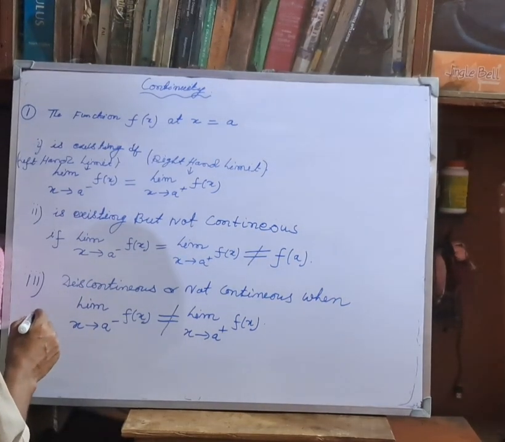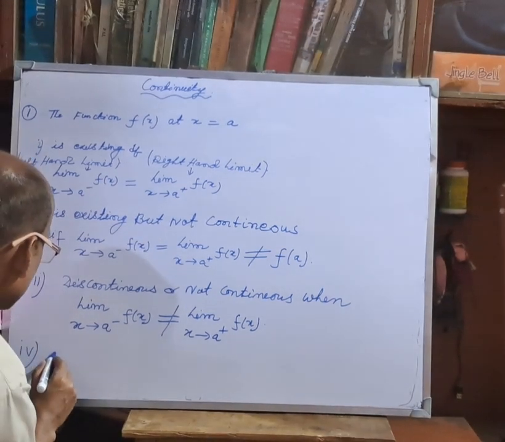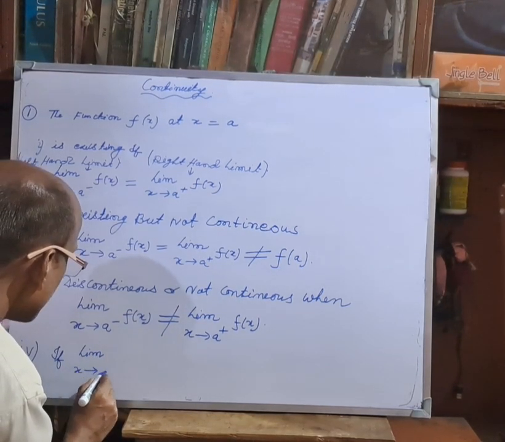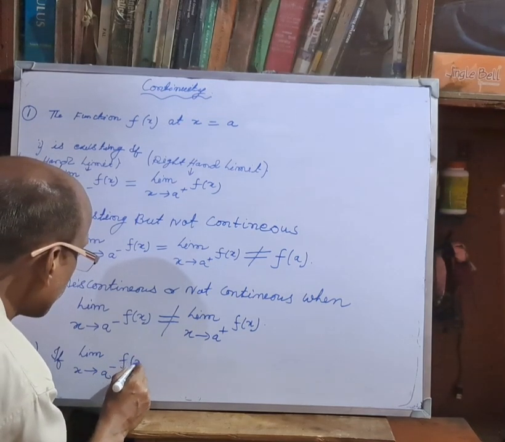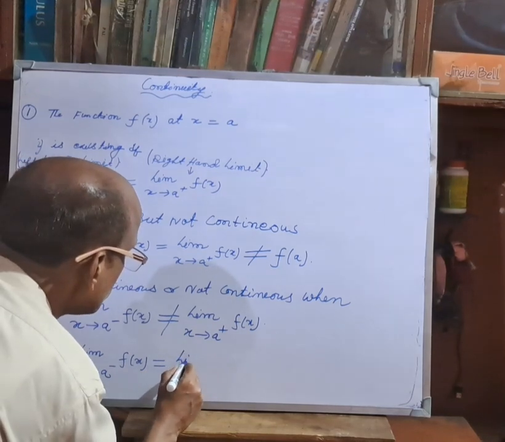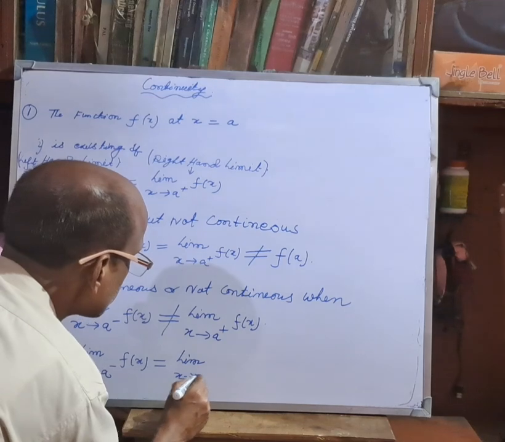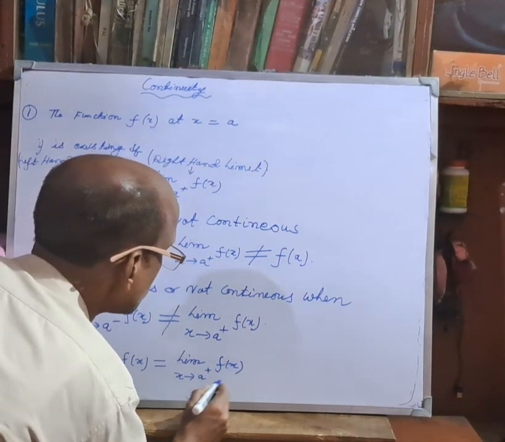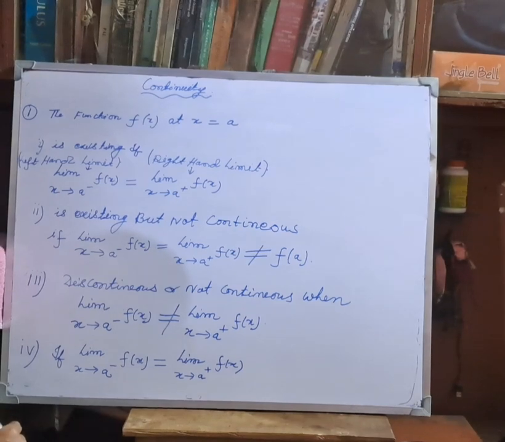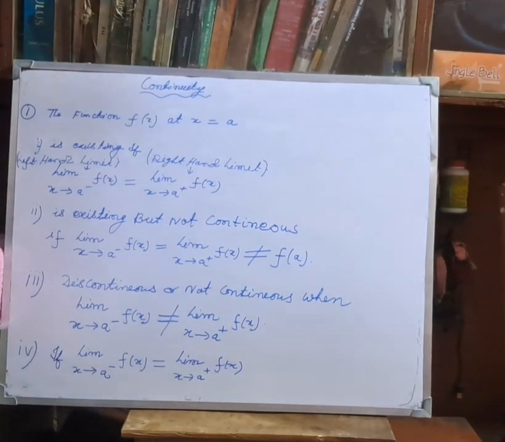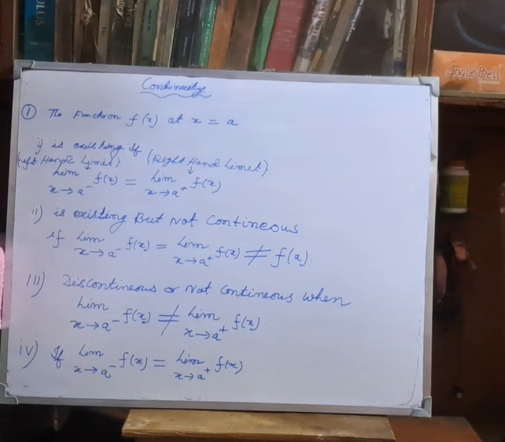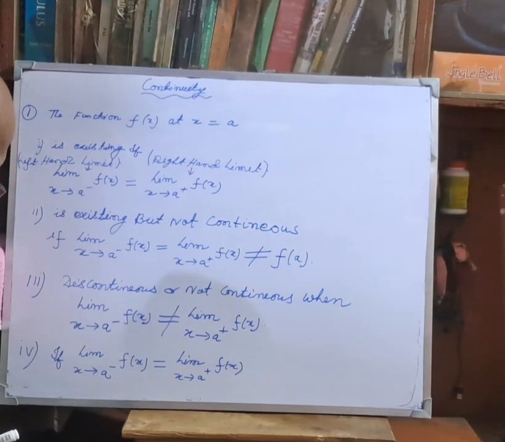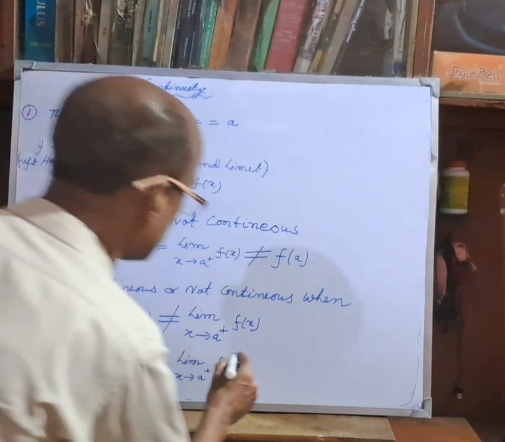And number 4 concept is, if limit x tends to a minus f(x) is equal to limit x tends to a plus f(x), okay, limit x tends to a minus f(x), okay, and limit x tends to a plus f(x), and that is equal to f(a).